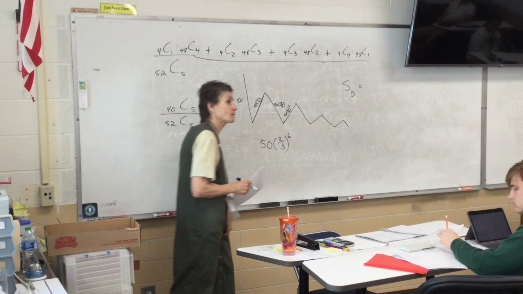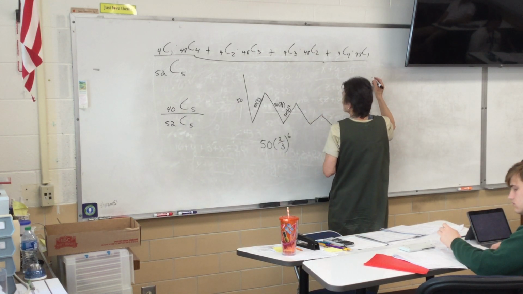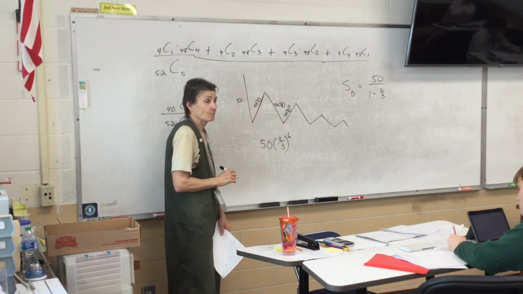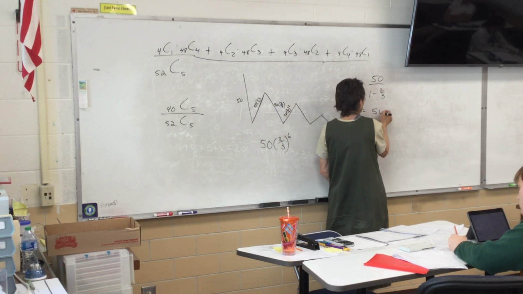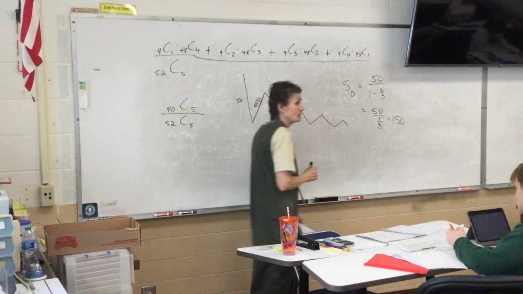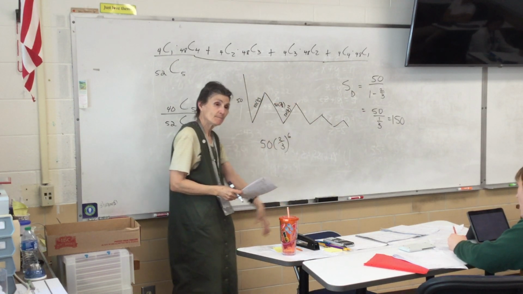David? The infinite one. Yep. Is A1 over 1 minus R. Exactly, so it's the first term over one minus the ratio, and isn't our ratio 2/3? So that's 50 over 1/3, or 150. So all of the downs are 150.